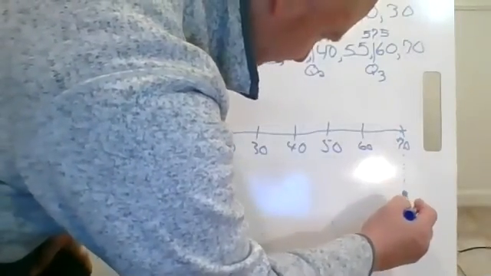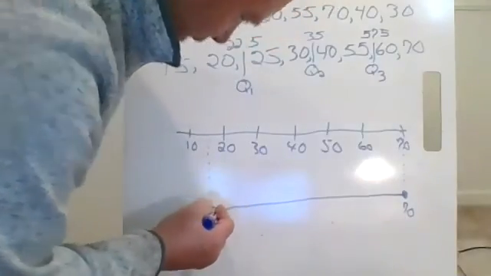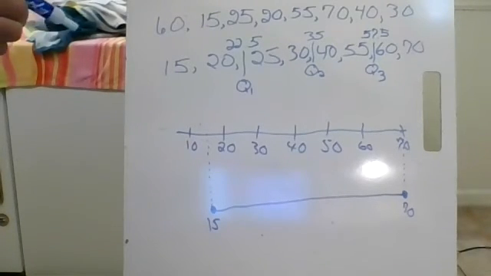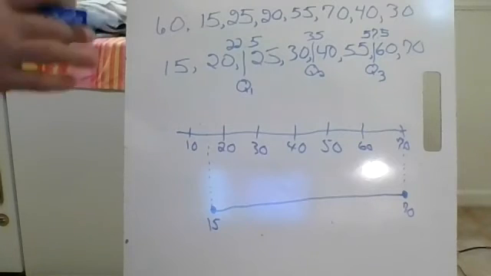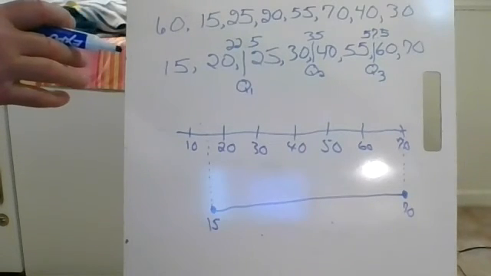And that's 70. And then you connect the 2 with the straight line segment. So that's a little better job this time. That's what you start with, the min and the max, because that gives you your line segment for your box and whisker plot.